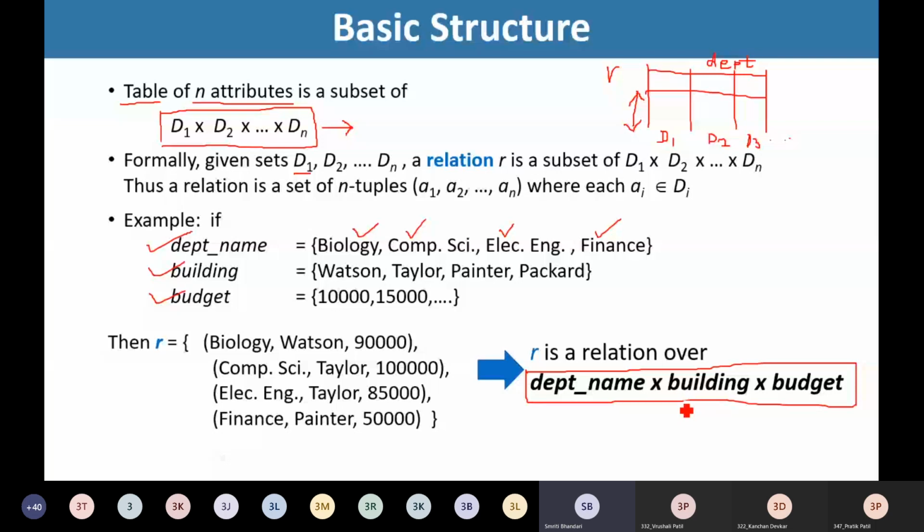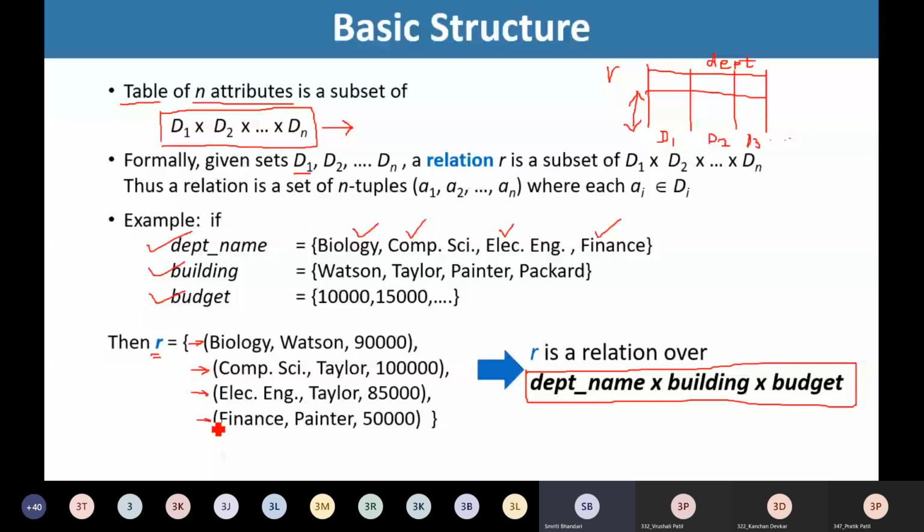Say for example, if I am having many such rows and if my relation R comprises of, now say here, first row includes biology Watson 90,000. Second row is the row computer science, Taylor and 1 lakh. Third row electrical engineering, Taylor and 85,000.